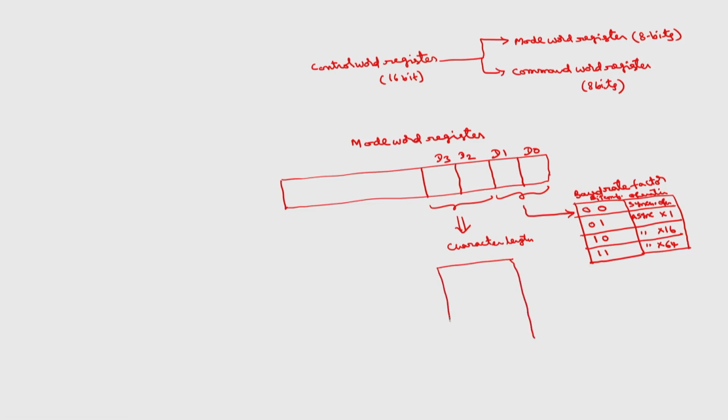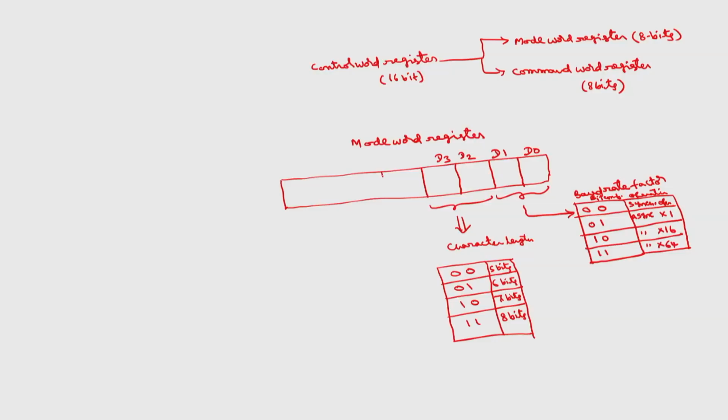This is going to decide here. 0 0, character length is 5 bits. 0 1, character length is 6 bits. 1 0, character length is 7 bits. 1 1, character length is 8 bits. So, we can have a character length from 5 to 8 range: 5, 6, 7 and 8.